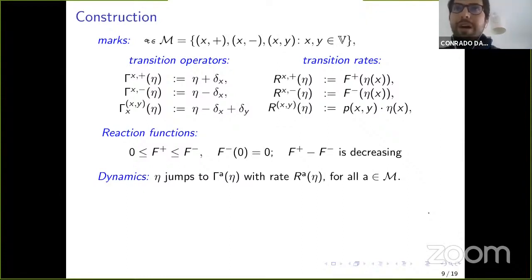So just to recall, this is a quote from Liggett: In general, there are infinitely many particles in the system, and infinitely many of them make a transition in any interval of time. So the transition rates for individual particles depend on the entire configuration. So it's not immediately clear whether the specification of the local dynamics determines the evolution of the system as a whole in a unique way.